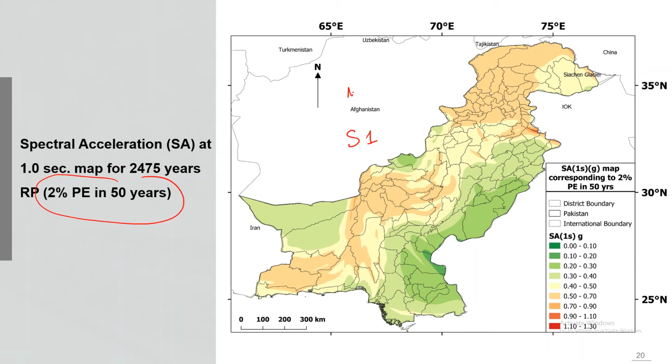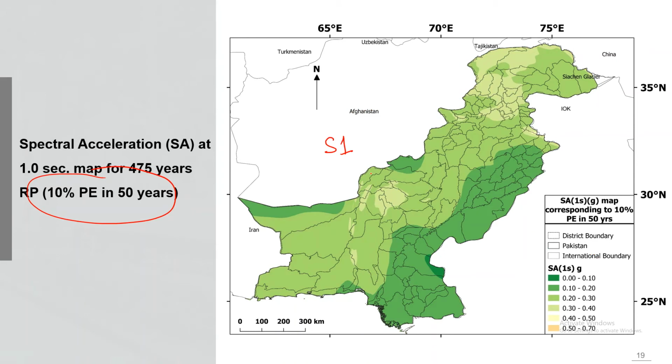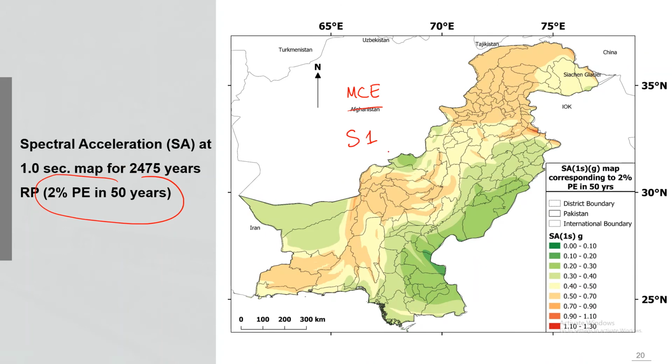So for the MCE level S1 map, you can see again the legends are kept the same, so you can relate the values. This is S1 for DBE level, the maximum value is maybe in the range of 0.3 to 0.4, but for the MCE level S1 the values can go as far as, for example, 0.5 to 0.7.